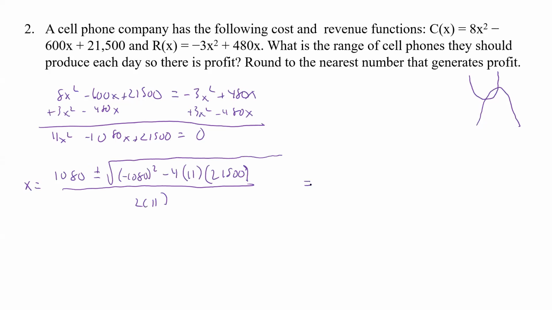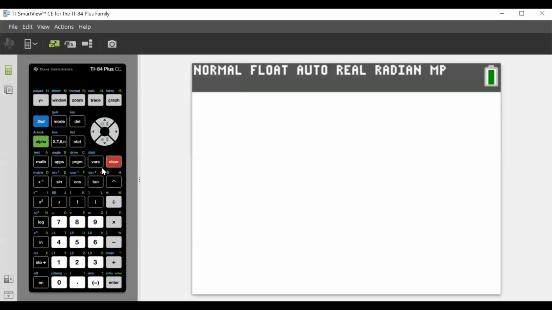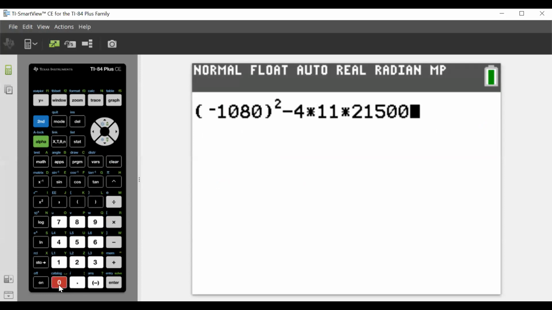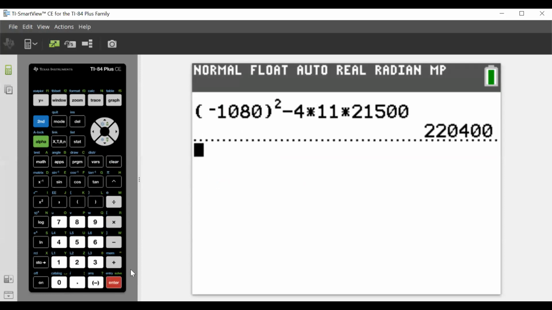The rest of that, I'm going to have to go back and get our calculator out. So let's do negative 1080, the quantity squared, and then minus 4 times 11 times 21,500, and that's going to be underneath the radical.